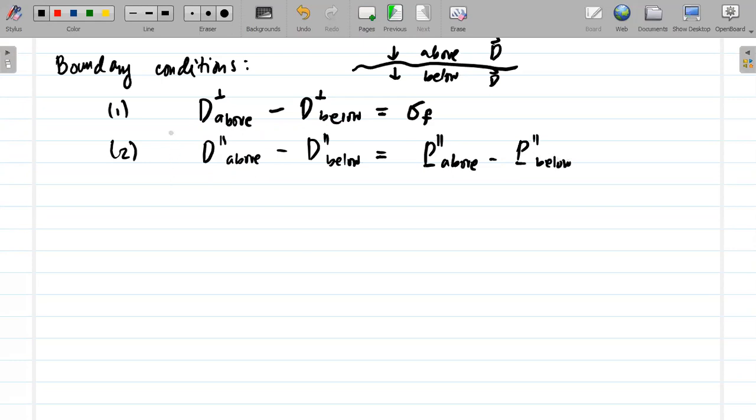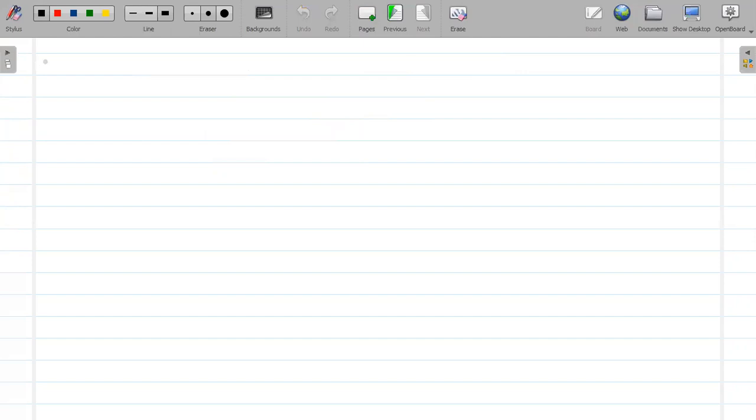So, ni-write down ko lang yan. Class, medyo parallel naman siya sa ano, di ba? Electric fields. So, now let's move on to linear dielectrics.